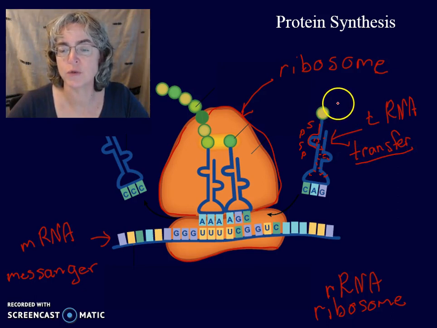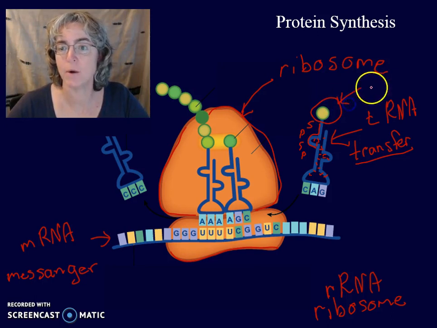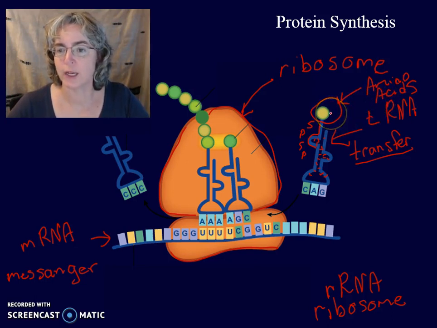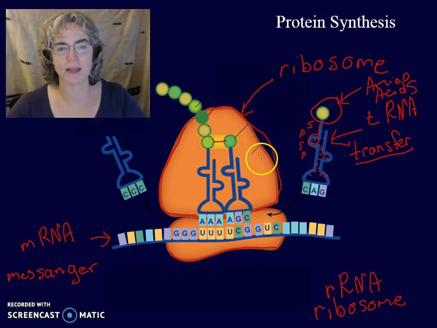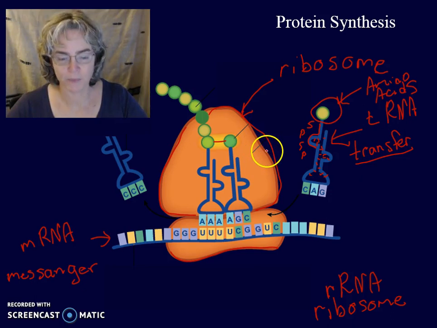What it's doing is transferring these right here. These are the amino acids. It's transferring the amino acid to the ribosome so that the ribosome can then covalently bond each of the amino acids together. Okay, so how does it know which amino acid should go where?